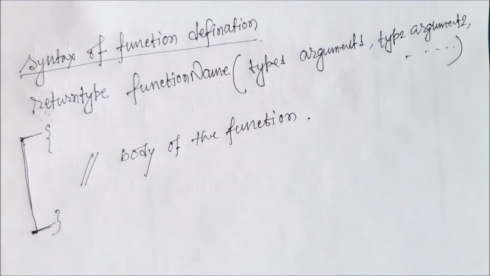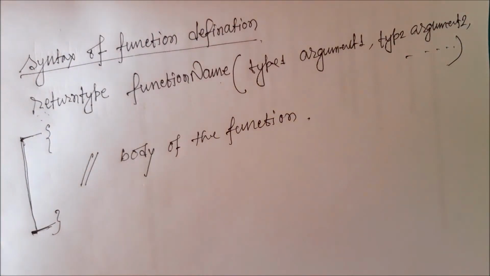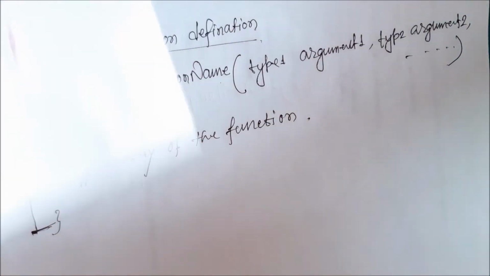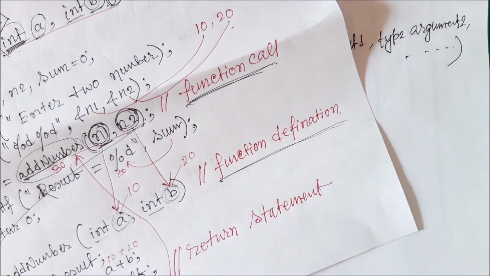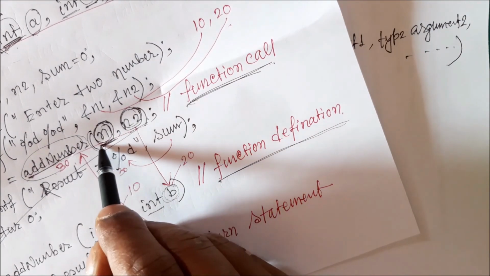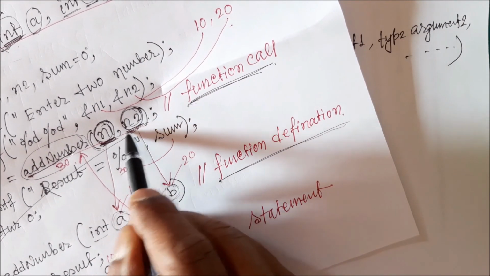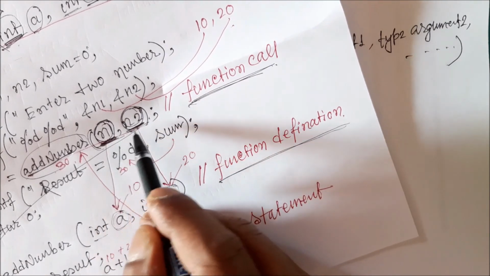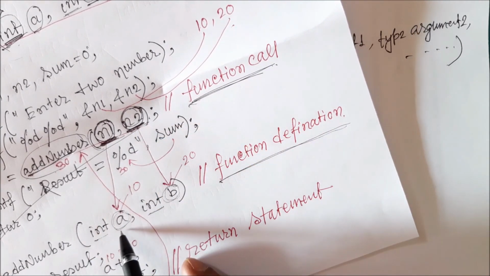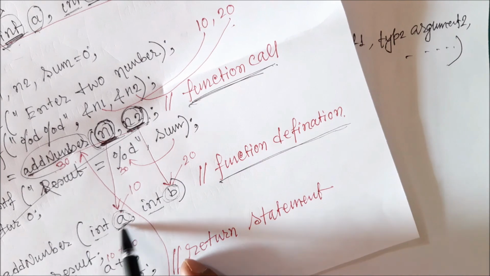Now, come to the arguments passed to a function. I have already discussed the type of argument passed to a function. This argument is called the actual argument, and this argument is called the formal parameter.